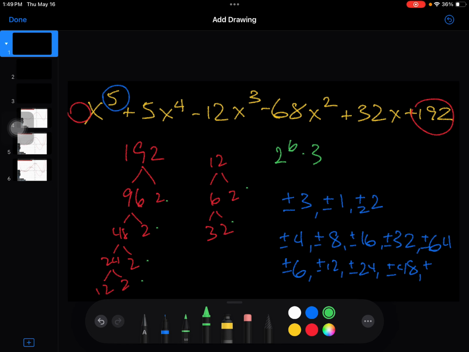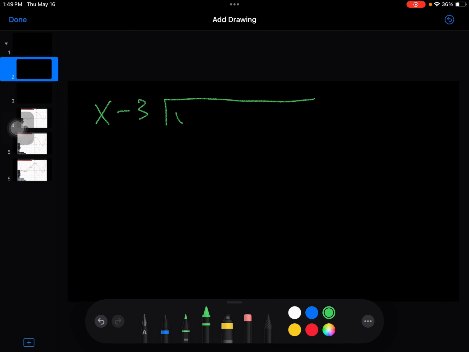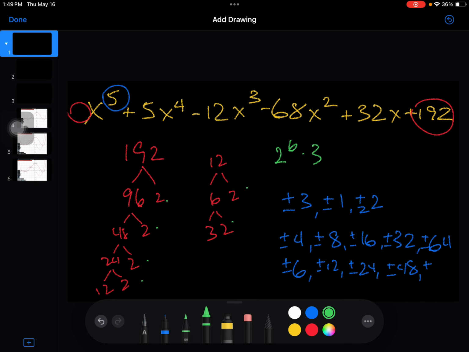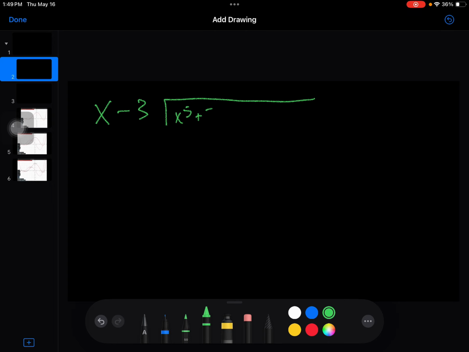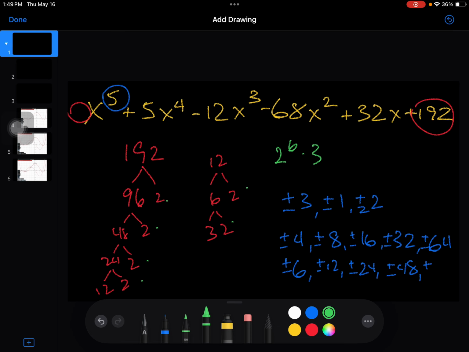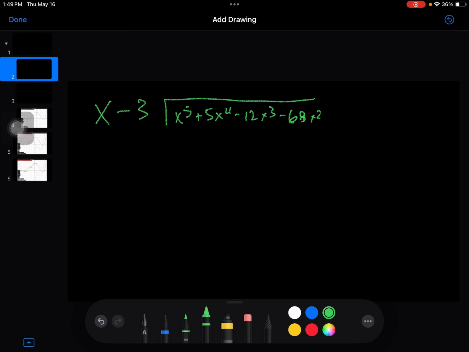So we're going to be looking at x to the 5th plus 5x to the 4th minus 12x cubed minus 68x squared plus 32x plus 192.